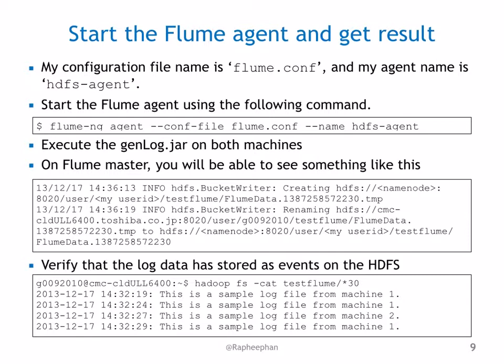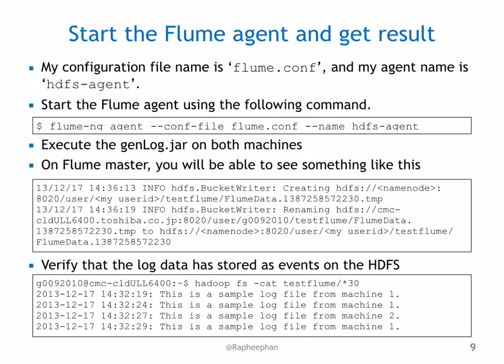I save the configuration file as flume.conf. As I mentioned before, my agent name is HDFS agent, and I just put it in the command here, and we can start the Flume agent directly using the command shown here.